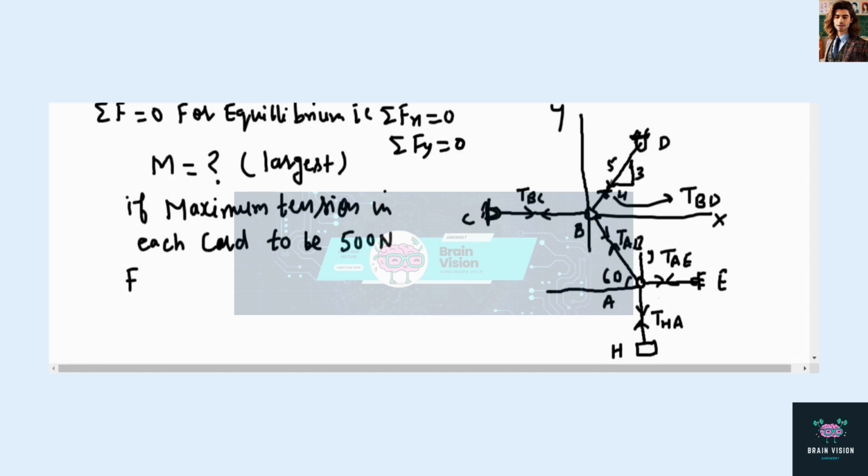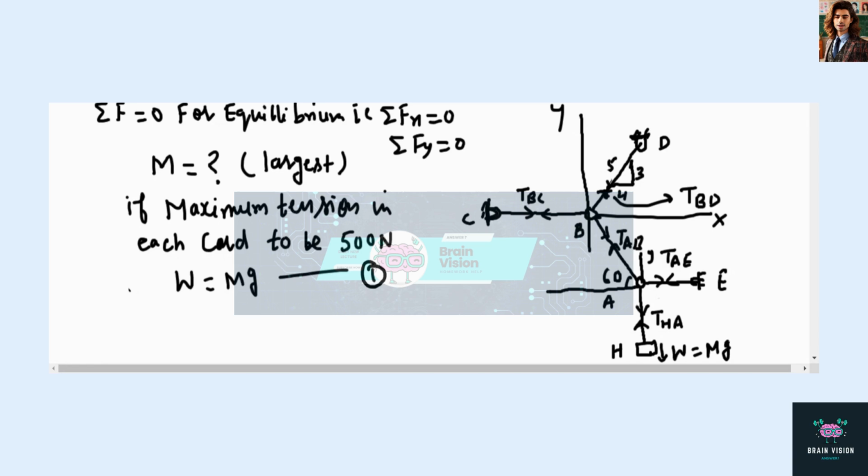So we have to apply for different points. If we see at point H, its weight W is equal to mg will act vertically downward. This is the weight of the body. I am saying equation 1.